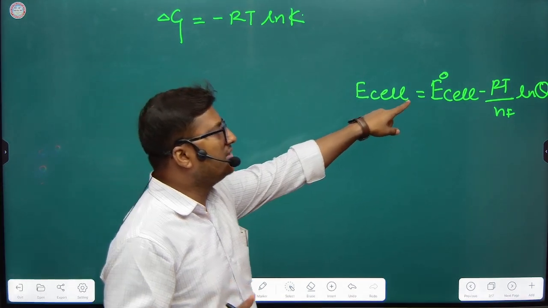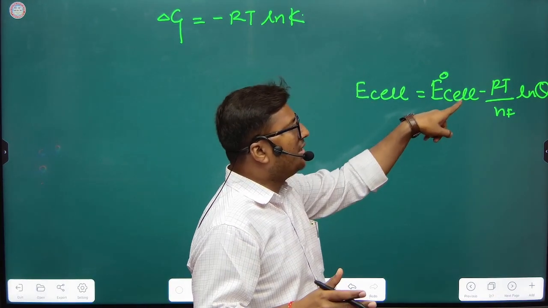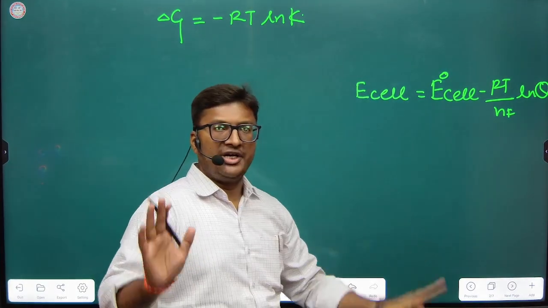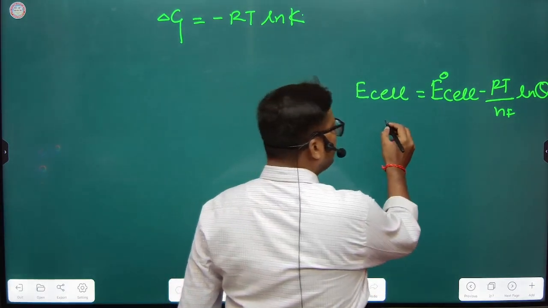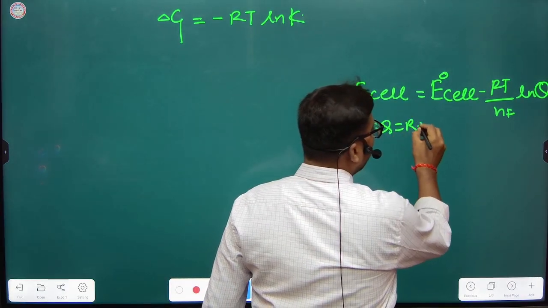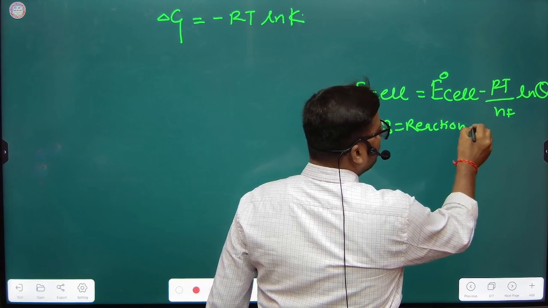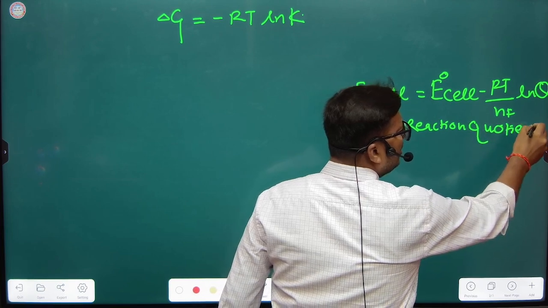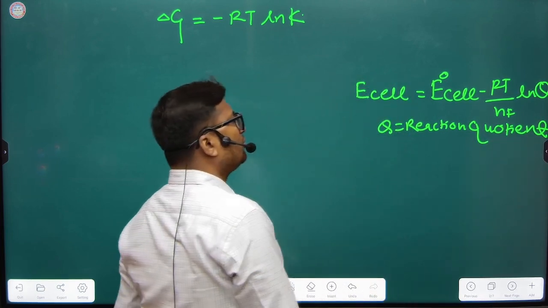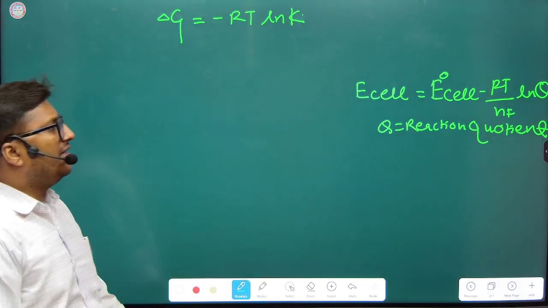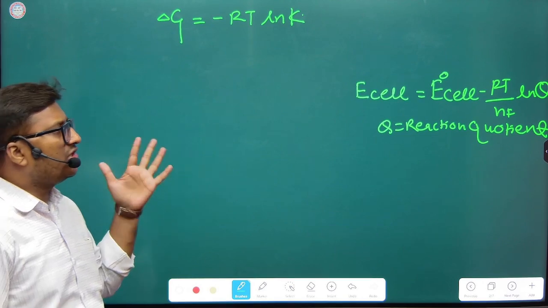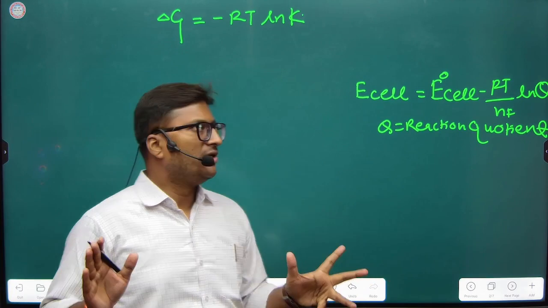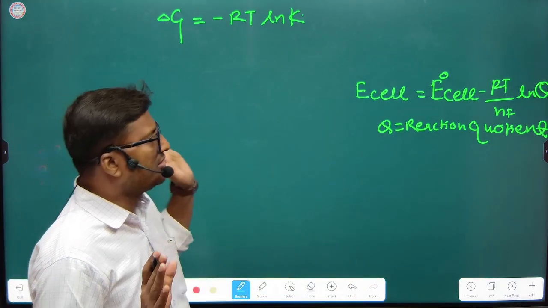And this is E cell = standard E cell minus RT upon nF ln Q. So Q is the reaction quotient, and you know that it is the ratio of the concentration of the products upon the concentration of the reactants, as you know from the earlier lectures.